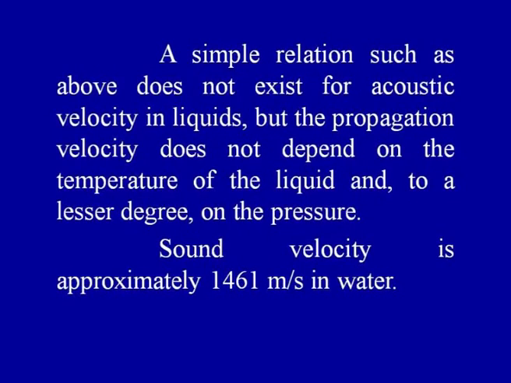A simple relation such as the above somehow does not exist for acoustic velocity in liquids, but we know the propagation velocity does not depend on the temperature of the liquid and, to a lesser degree, on the pressure. Sound velocity is approximately 1461 meters per second in water.